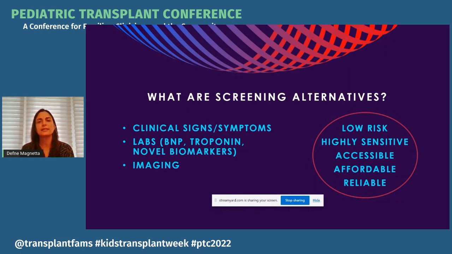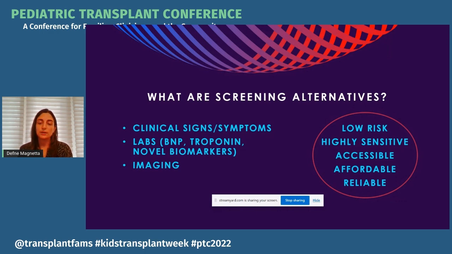There have been several studies looking at different labs you can check, and often we trend things like a BNP number, troponin, and then there are novel biomarkers that you'll hear about. Some of those have had variable results in terms of how well they correlate with rejection, but we still use them as a trend. And then there are imaging studies, which I'll talk about.